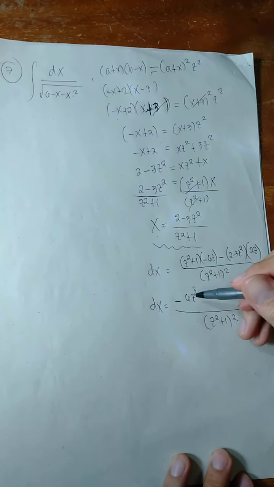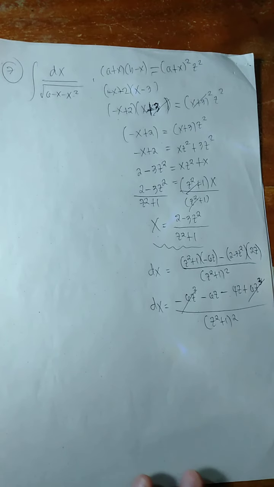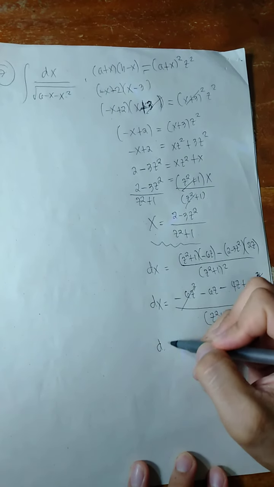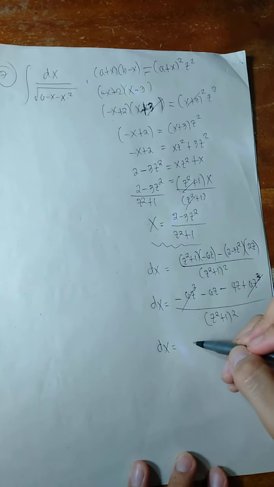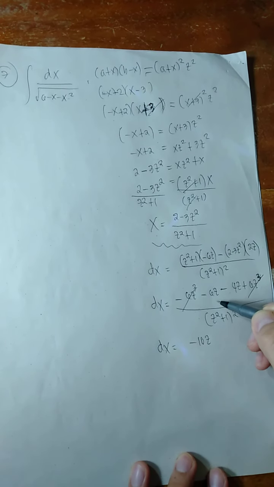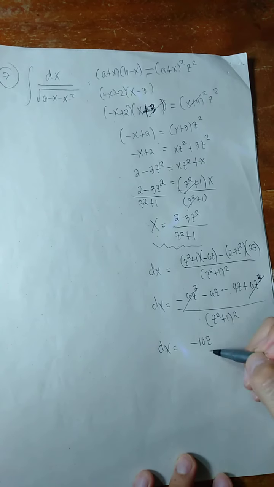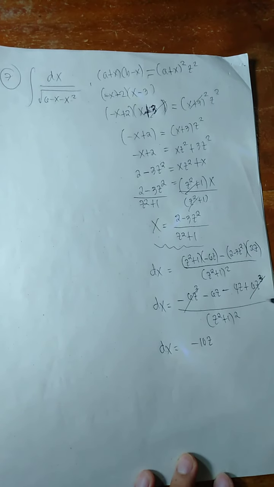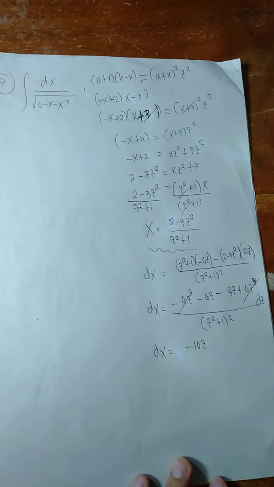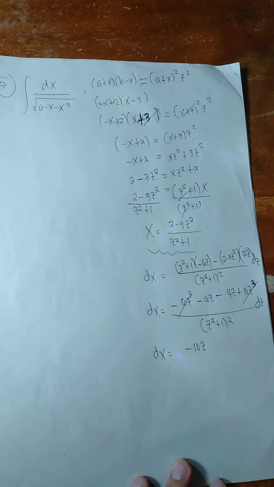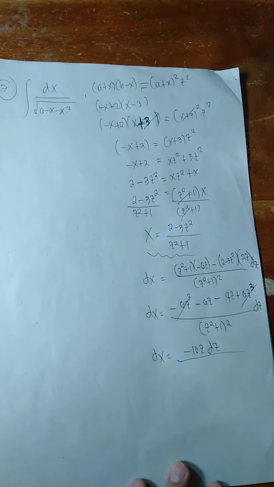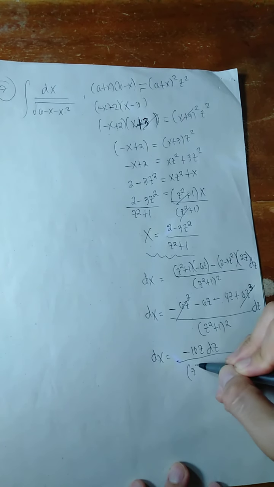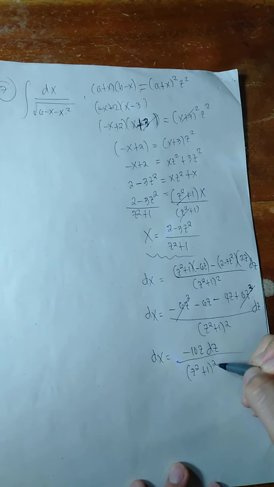So, kung mapansin nyo, cancel out to. Then, ang iiwan nito, dx is equals to negative 10z, tama, since negative 6z minus 4z, negative 10z. Then, derivative of z is dz. And don't forget, dz. Ayan. Negative 10z dz all over z squared plus 1 squared.